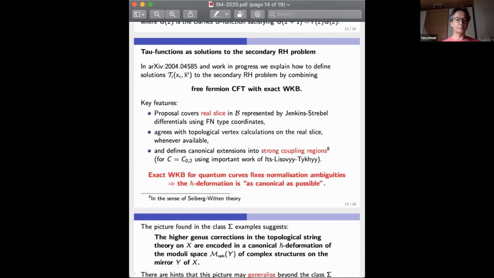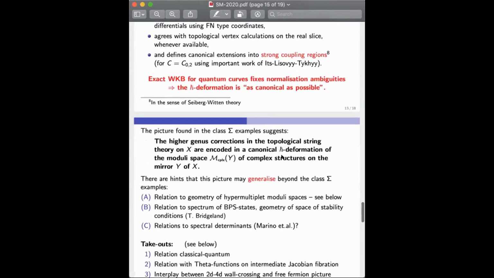So in these toric cases, in a paper with Dijkgraaf, Mariño, Klemm, and Vafa, not the topological vertex paper but the one after, we did have a way of quantizing these quantum curves, except that it would give basically open string amplitudes only, and never the purely closed string ones.